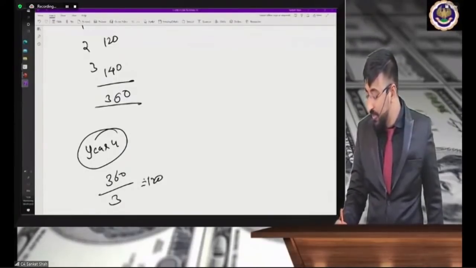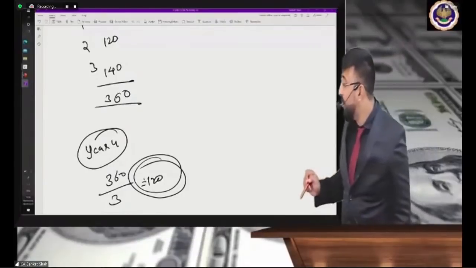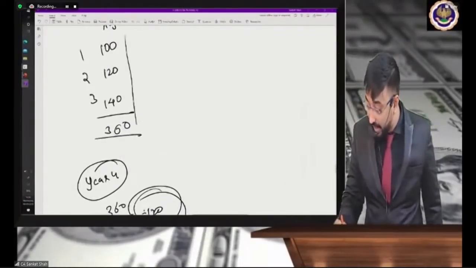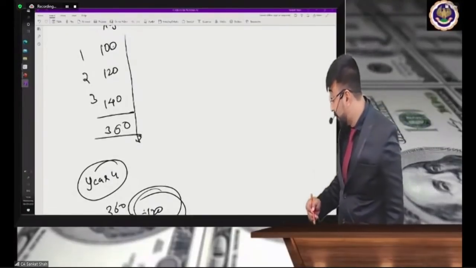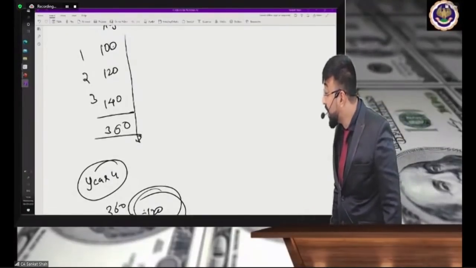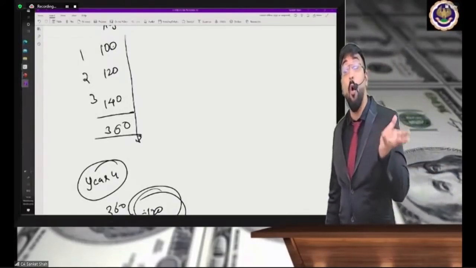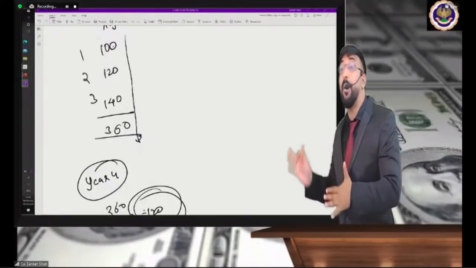But in the average profit method, we are getting 120, whereas as per this increasing trend, actually it should be 160. How much should come in the 4th year? 160. So is there any other method which will give a more proper answer as compared to average profit?